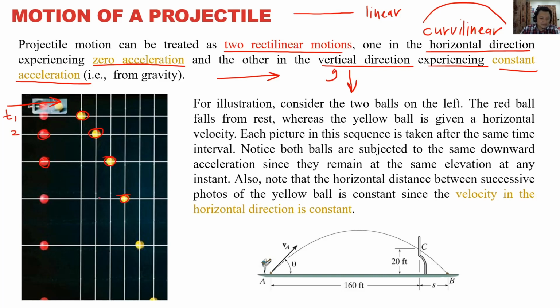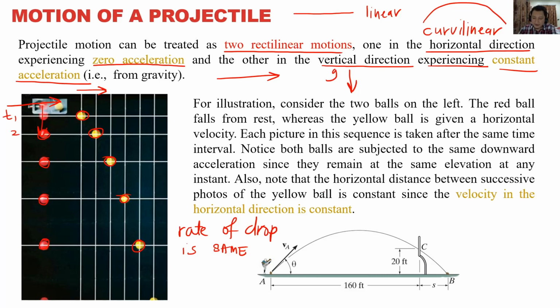Time 4, similar height. Time 5 also similar height. So one object is moving forward. Another object is just dropping. So the rate of drop is the same for both objects.